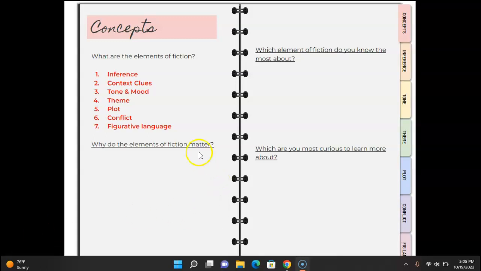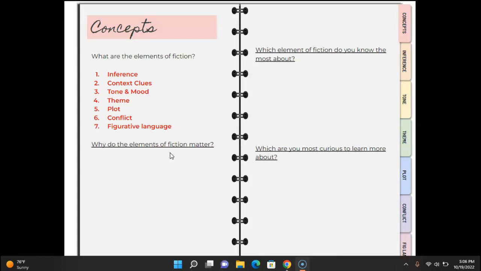Go ahead and answer once you've filled in the red text on your copy, and you are writing these by hand on your copy. When you are finished writing in all 7 of these elements of fiction, then you can go ahead and answer these 3 underlined questions. The first one is, why do the elements of fiction matter? Why do you think that they matter? There's no right or wrong answers here.